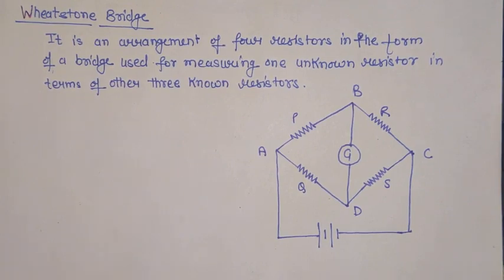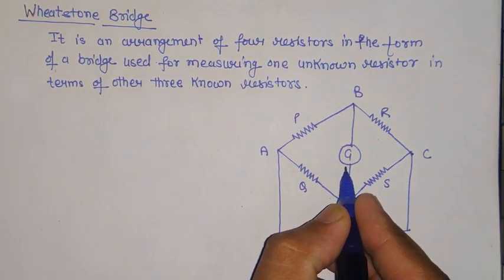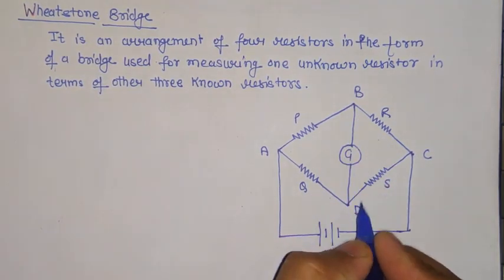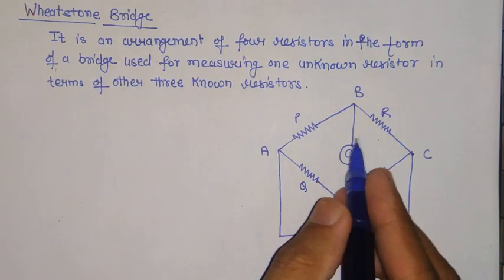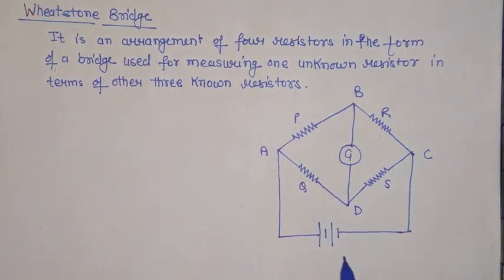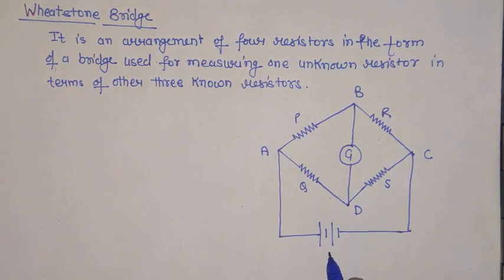Here AC arm is called battery arm. A galvanometer G is connected between B and D, where BD is called galvanometer arm. For simplicity, we assume that the cell has no internal resistance.